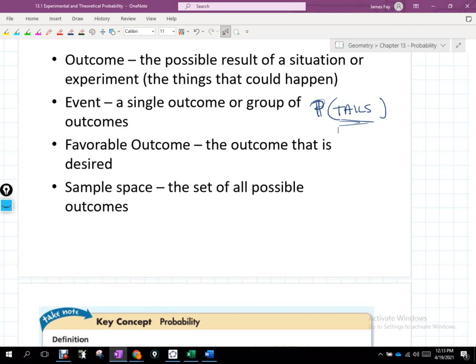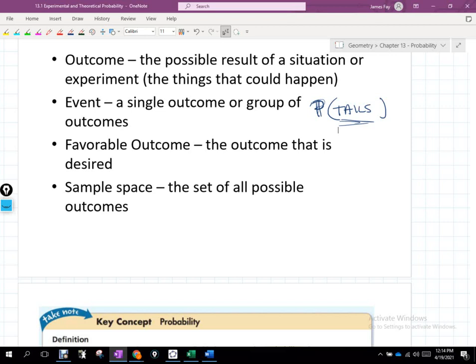Left-handed would be the event. Does that make sense? The outcomes would be left-handed or right-handed, correct? And then the favorable outcomes, let's say there are 3 of you in here that are left-handed. So favorable outcomes, the outcome that is desired, there would be a value of 3 attached to that. Does that make sense?